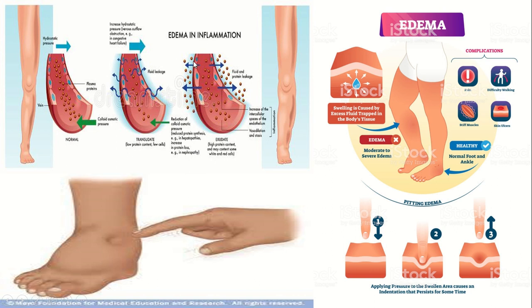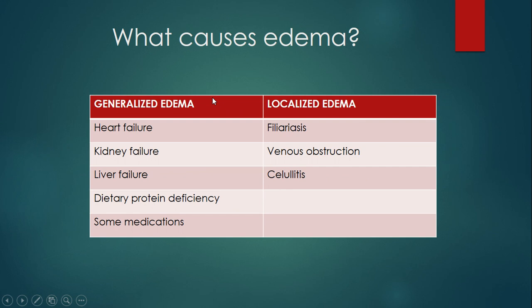Edema is a sort of inflammation, you may say, where too much fluid leaks out of the blood capillaries due to changes in the osmotic pressure in the blood, or changes in the tissue fluid pressure.